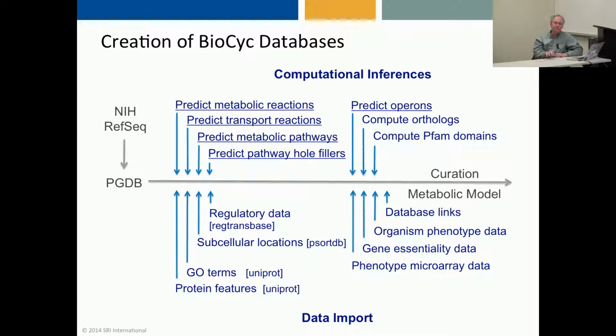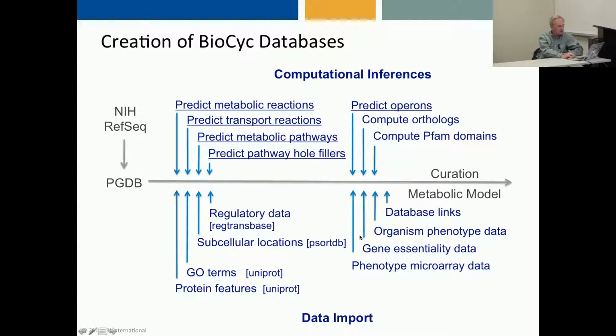We predict both metabolic reactions and transport events. We also predict the organization of those metabolic reactions into larger groupings called metabolic pathways. And we predict pathway hole fillers and operons, or clusters of genes that are regulated as a unit. We compute orthologs across these databases, or essentially equivalent genes in different organisms. And we compute PFAM domains, if you know what those are.